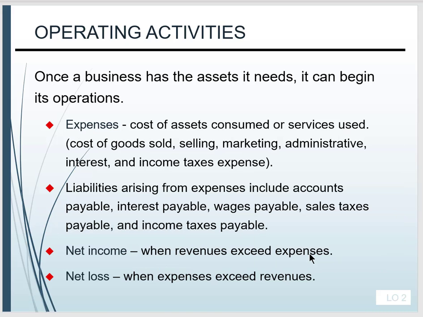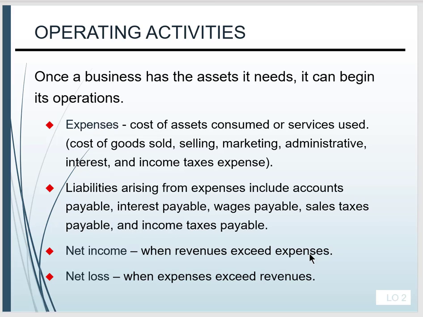So now, once we have assets, we begin operations. Now we have to control expenses. And I really like to use that word. I don't think many textbooks really emphasize that as much. But when you look at expenses, you need to control them. You're going to have them. You can't run a business without expenses.